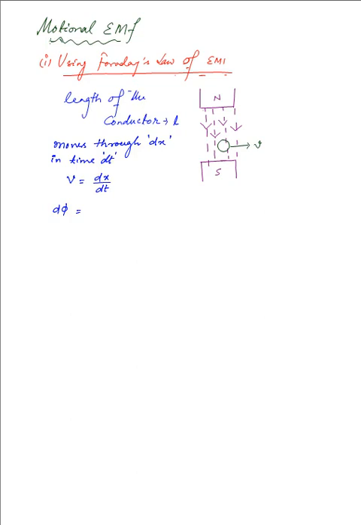will be simply equal to, if we consider the sideway view of it, this is the field. Now the field is acting into the plane, and we have the conductor over here, a cylindrical conducting wire, and it's moving along this direction, and in time dt it has swept through a portion dx.